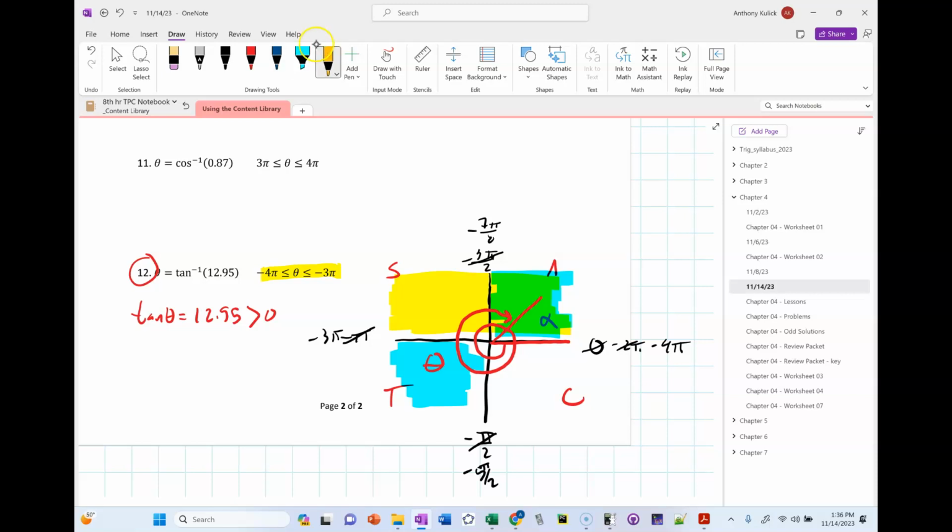And now I'm going to relate theta, alpha, and -4 pi. So I start by asking myself, is theta more or less than negative 4 pi? More, because negative 4 pi is more negative. Okay, so how much less than theta is negative 4 pi?